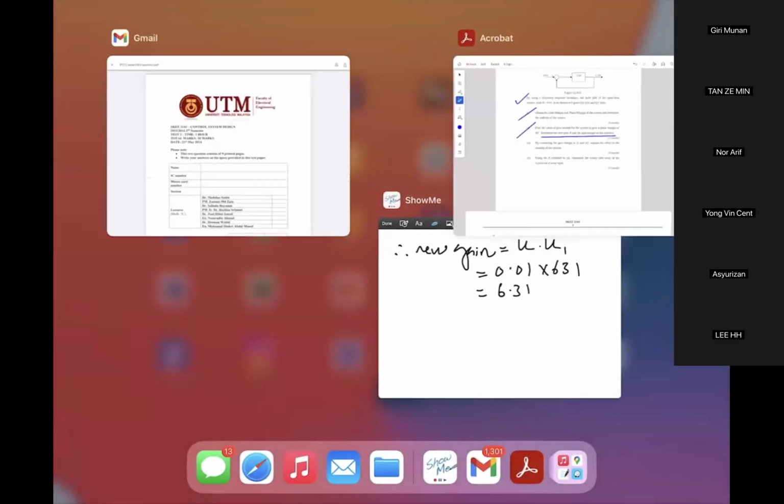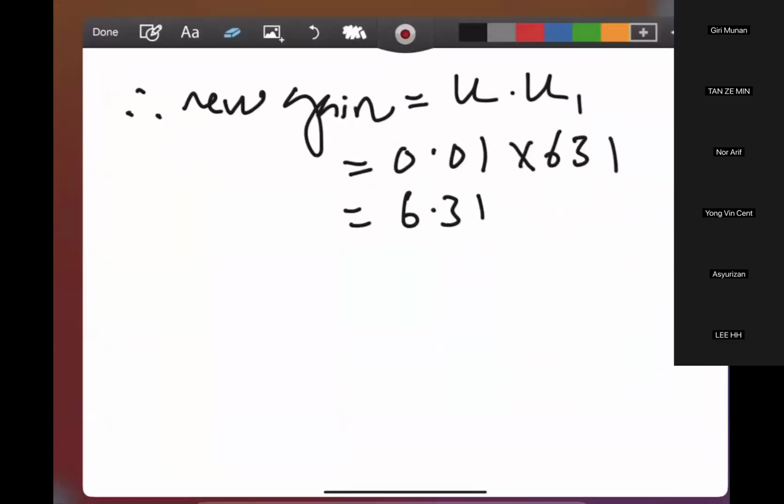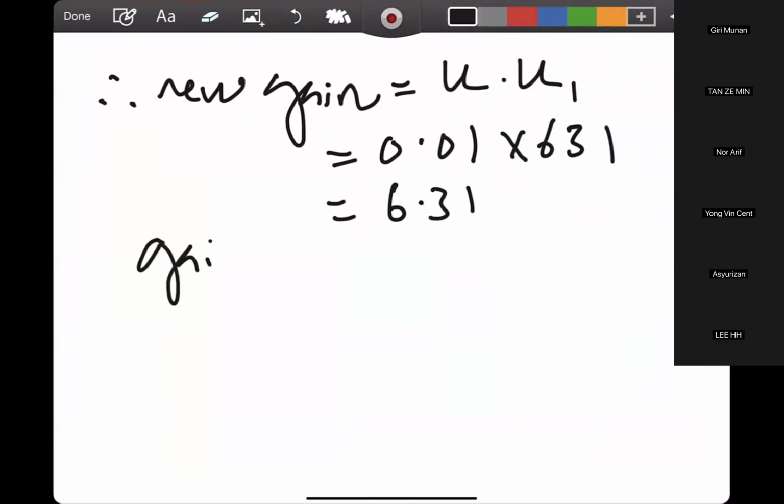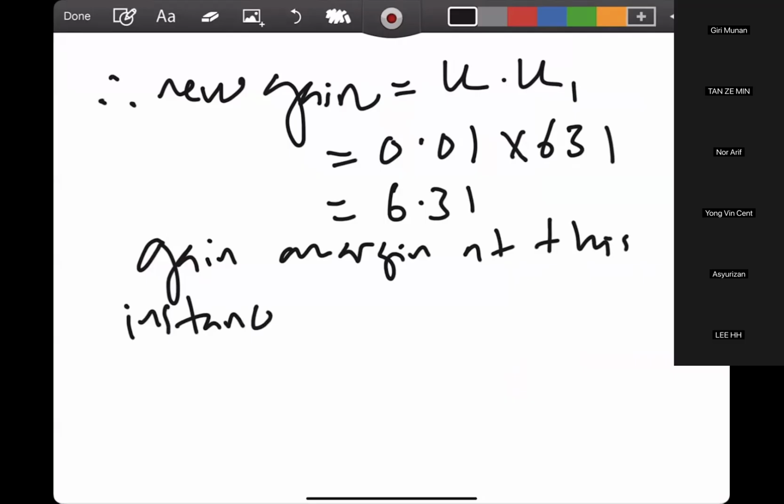All right. Gain margin at this instance is 72 minus 56.